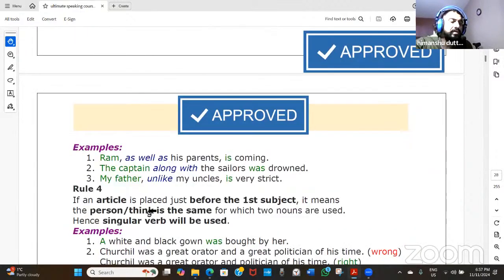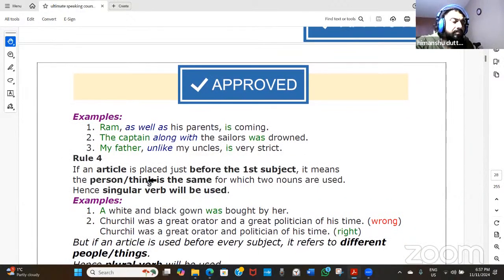Now, you see, Ram as well as his parents. When we say 'his parents', we are not using his parents to decide which verb is to be used. We are taking Ram into consideration because it is the first subject in that scenario. The rule says that if two subjects are joined together with 'as well as' or certain phrases like that, the verb must agree with the first subject.